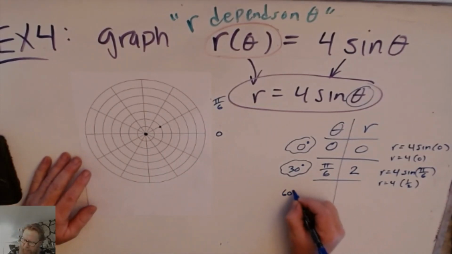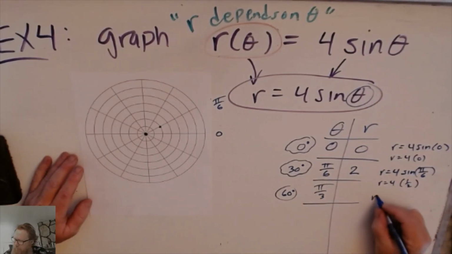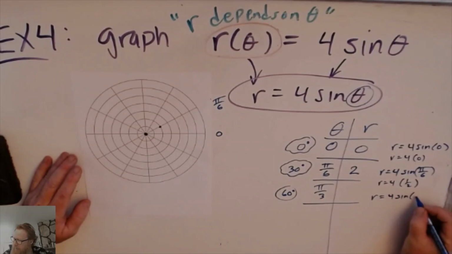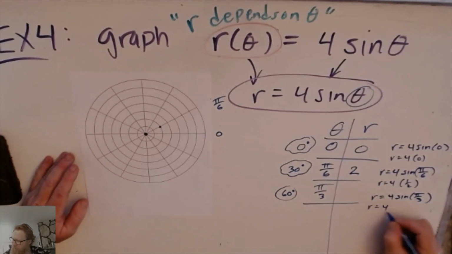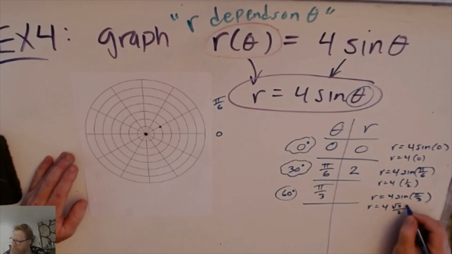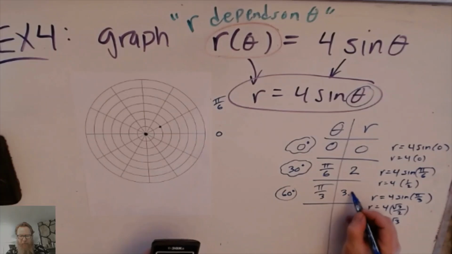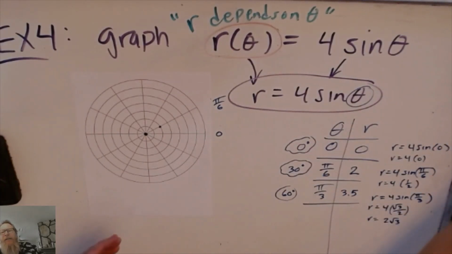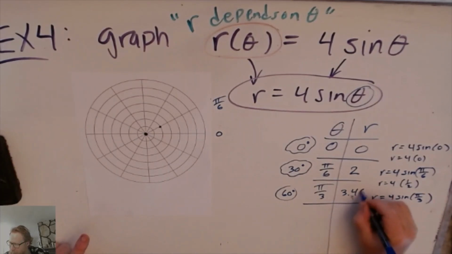All right, let's go to 60 degrees, pi over 3. R is 4 sine of 60 degrees. So r is 4 times radical 3 over 2, so r is 2 radical 3. That's about 3.5. It's 3.46 if you really want to be precise.